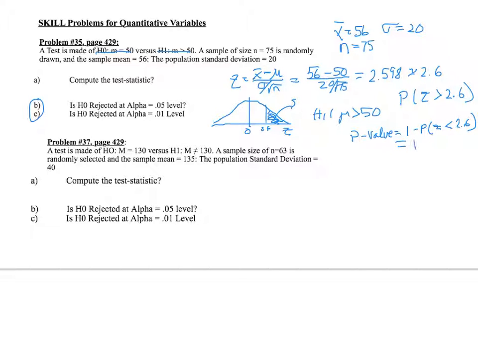That's equal to 1 minus 0.9953, and this gives me a p-value of 0.0047. So in both cases, we have a p-value that's less than both 5% and 1%, so we would reject both.